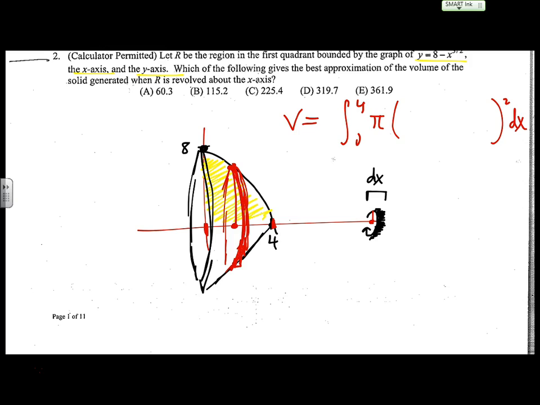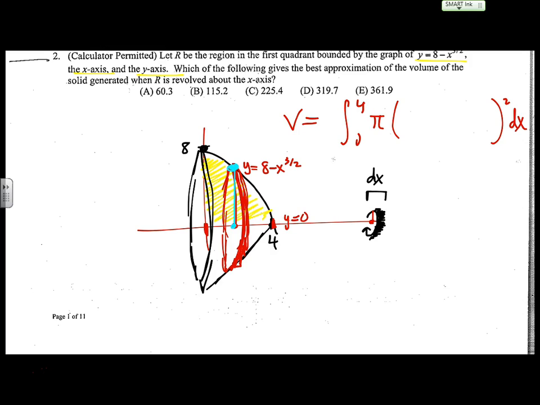And so if I need to plug radius into my area formula, I'm going to do top minus bottom. Who's on top of that radius? Yeah, my function, 8 minus x to the 3 halves, right? So I'm going to plug that in for my top, and on the bottom I have y equals 0.